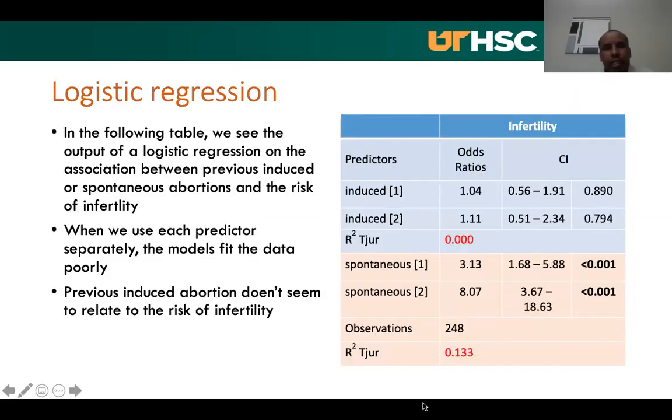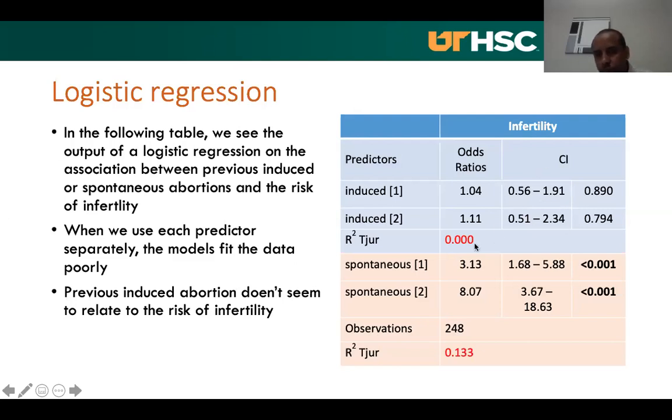In the following table, we see the outputs of a logistic regression on the association between previous induced or spontaneous abortions and the risk of infertility. So the outcome in this table is infertility. Whether a woman had one or two or more previous induced abortions, or spontaneous abortions, one, two or more, and the risk of infertility.